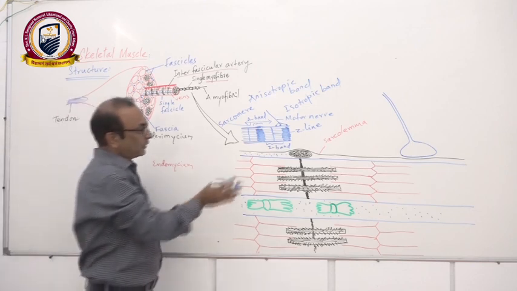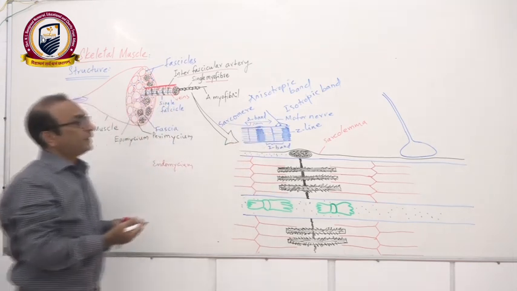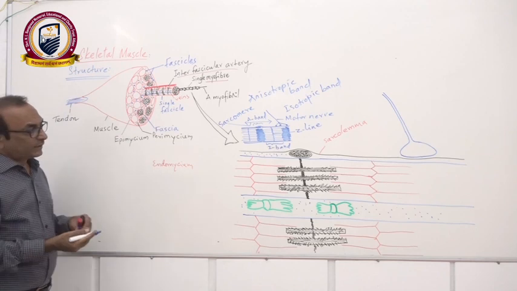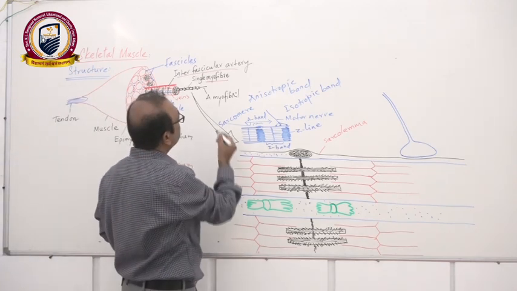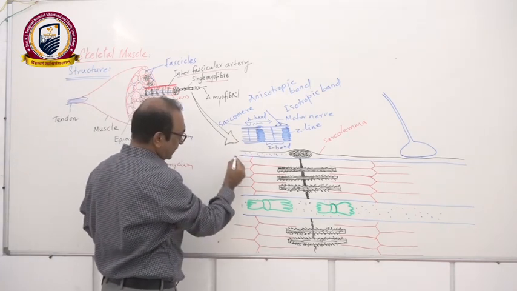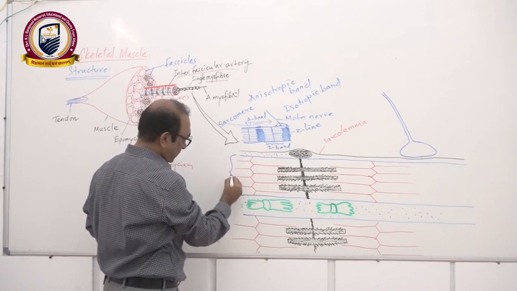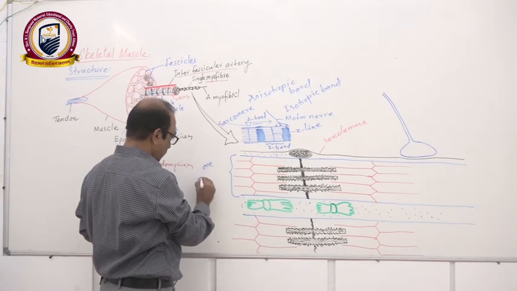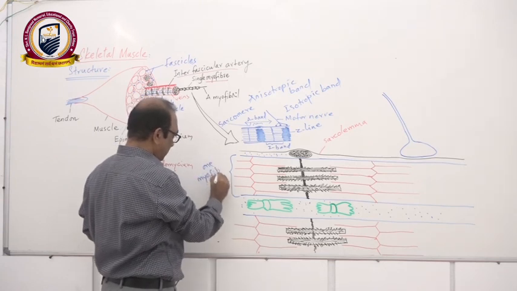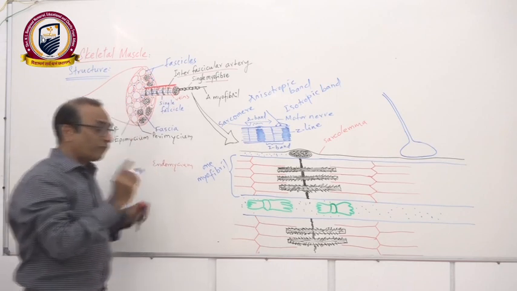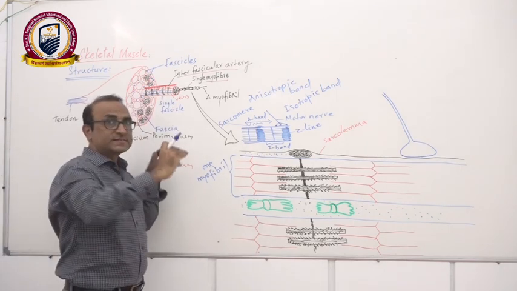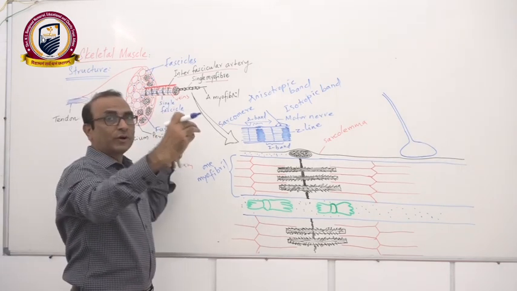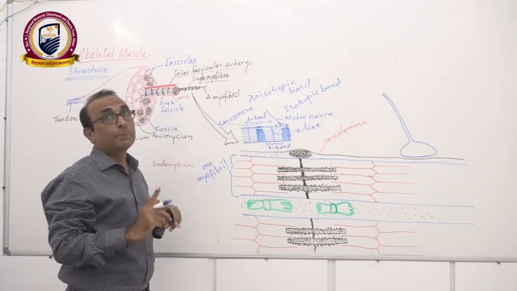Now here I have drawn the interior of the myofiber, which contains so many myofibrils inside. In this diagram, this one is one myofibril. Remember, myofiber is the muscle cell, the cylindrical, elongated cell with tapering ends, a single cell.